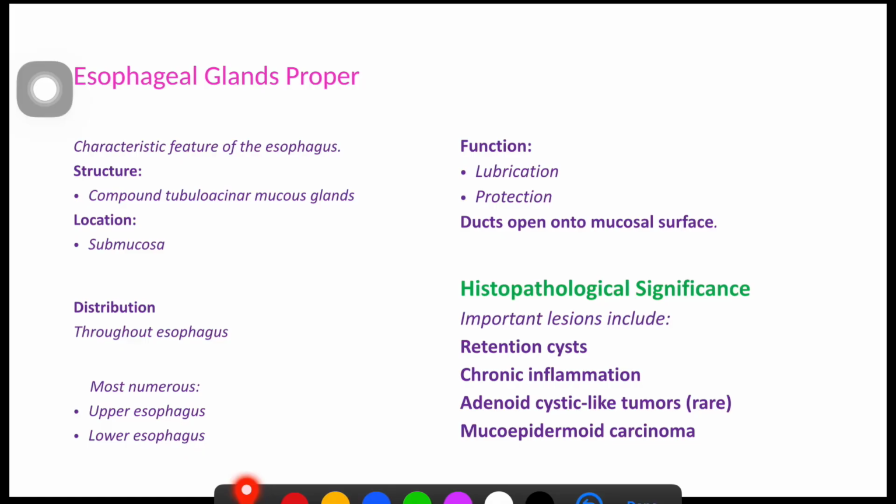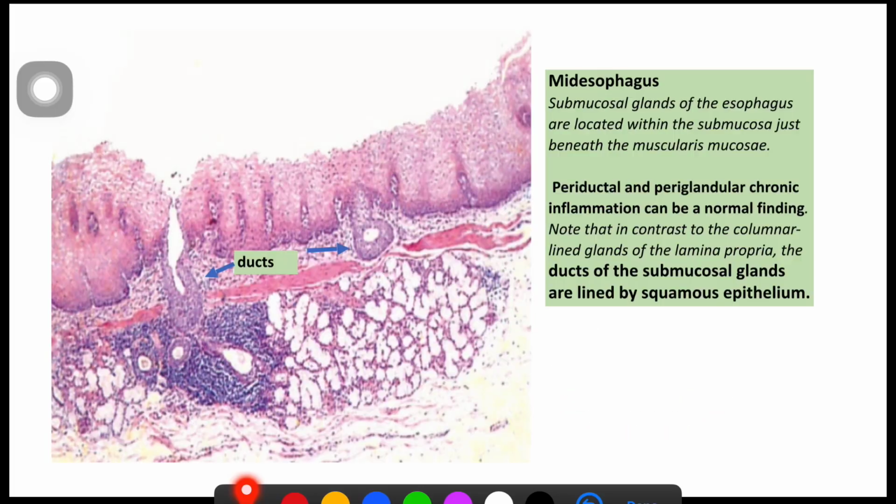These ducts open onto the mucosal surface. And what is the histopathological significance? Sometimes there is retention cyst, chronic inflammation, and adenoid cystic like tumors and mucoepidermoid carcinoma may be seen.